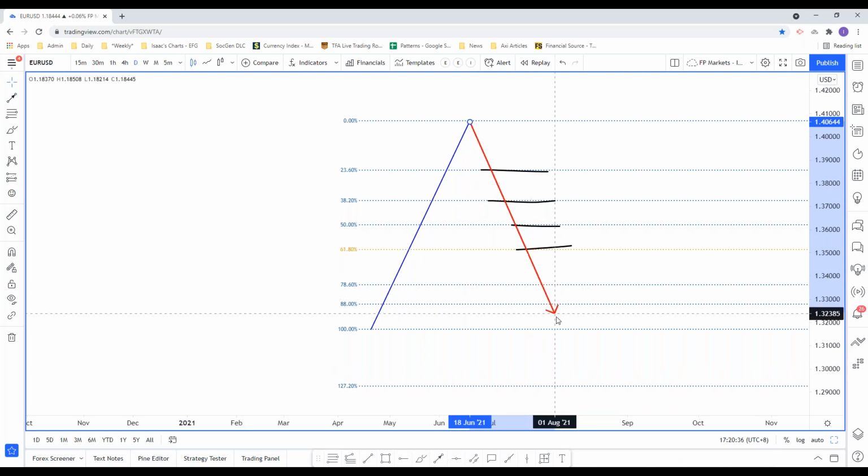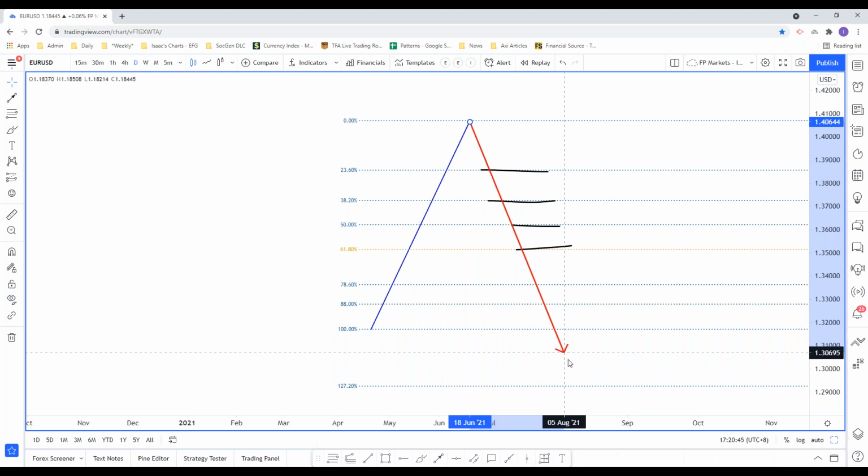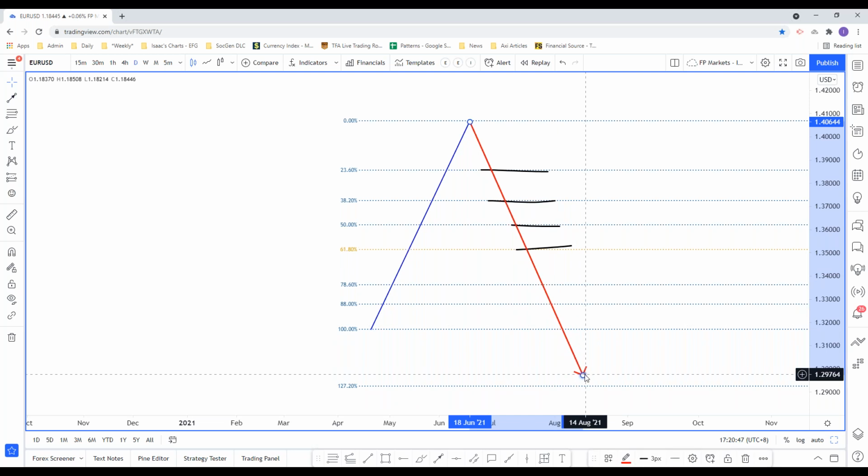When price has pulled back to 100%, we say that price has completely retraced its original move. And when price has pulled back beyond the 100%, the starting point, we say that price is in a confirmed reversal.